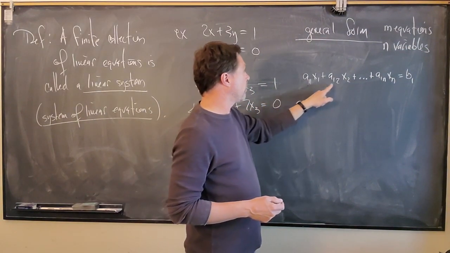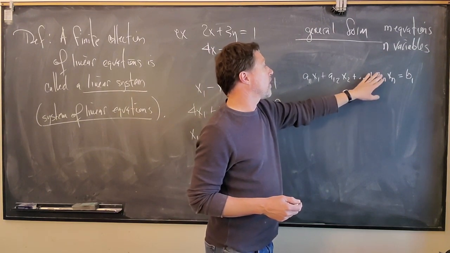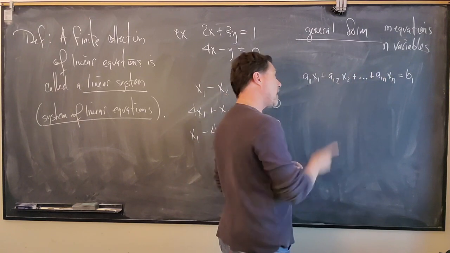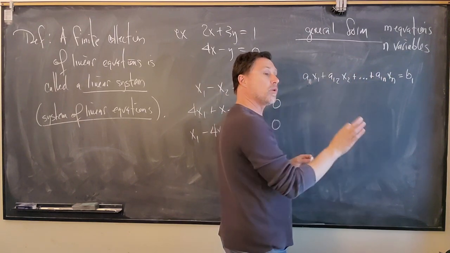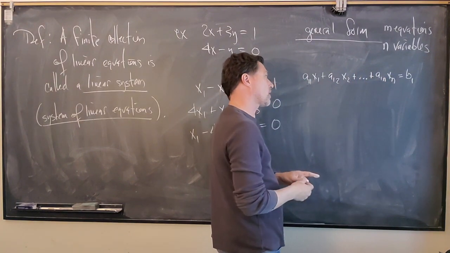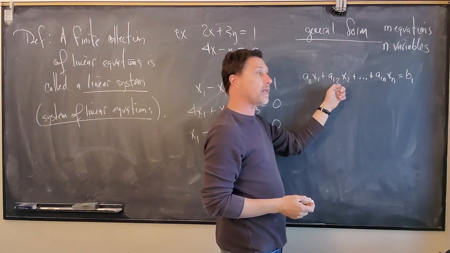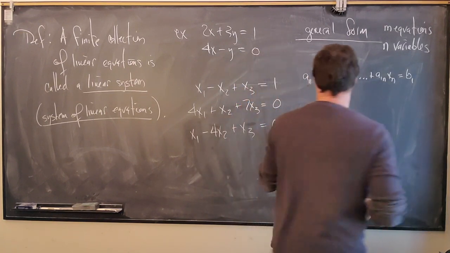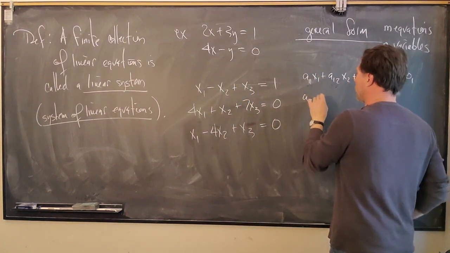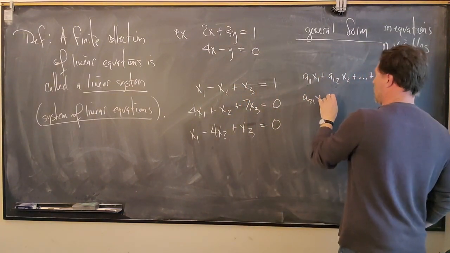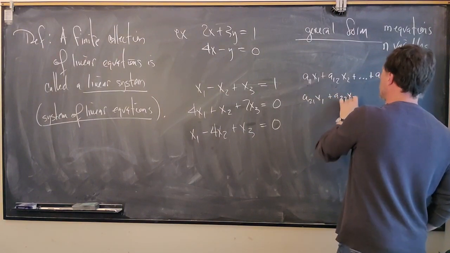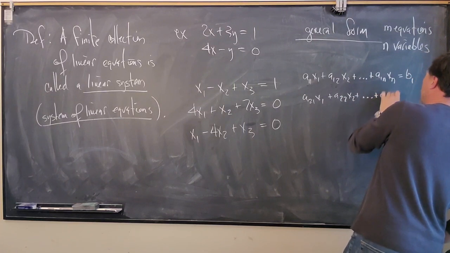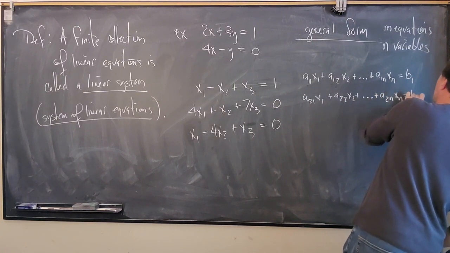The first subscript says that it's the coefficient in the first equation. The second subscript tells me which variable it's attached to. So for example, a12 means it is the second variable in the first equation. There's going to be an a21 x1 plus a22 x2 plus dot dot dot plus a2n xn equals b2.